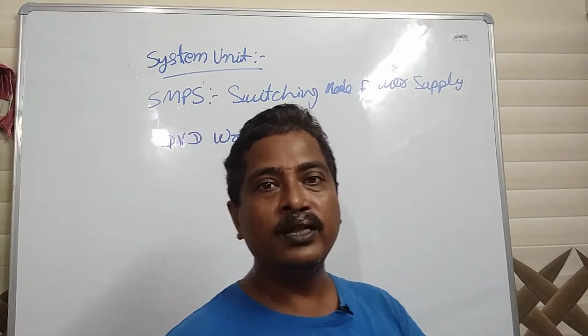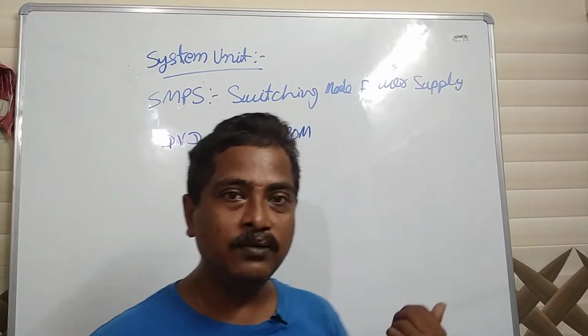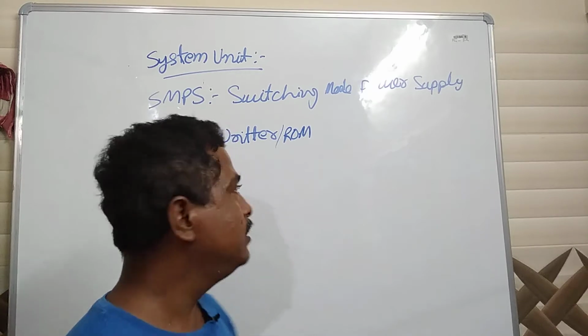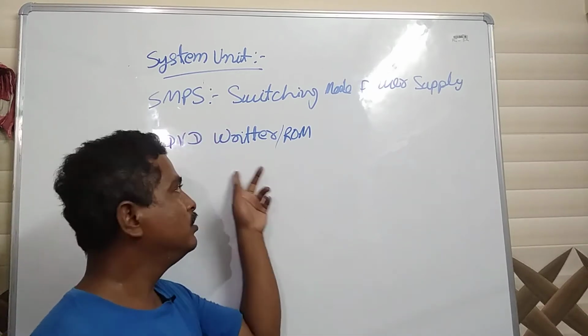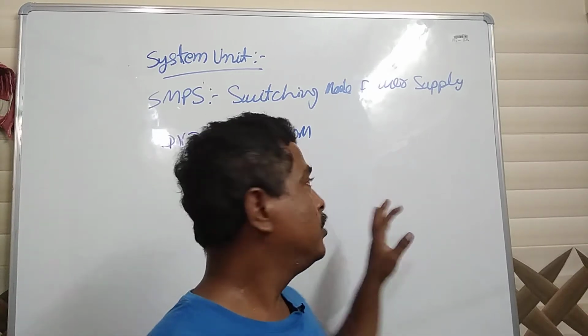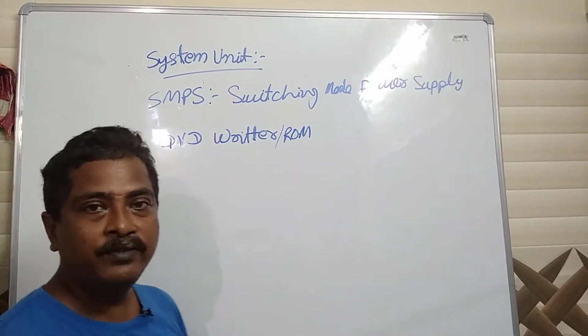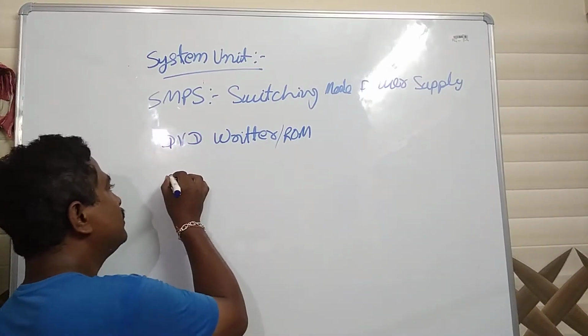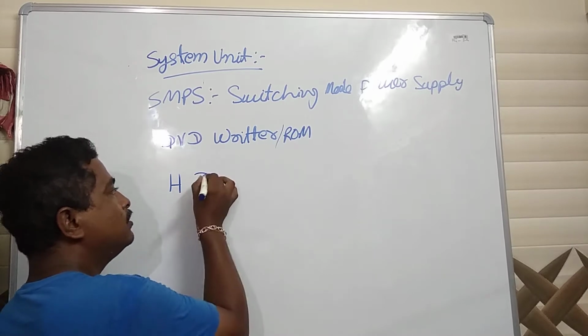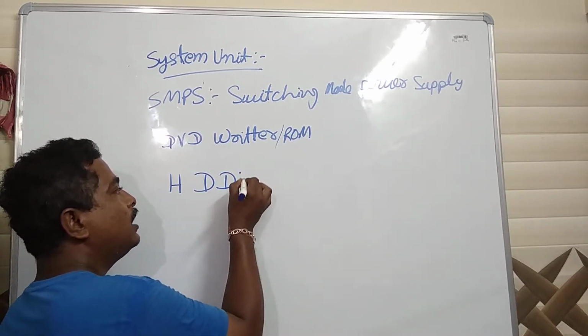If you can read from the DVD and also write on it, then it is a writer. Nowadays only writers are available, nobody purchases ROM. So that is the DVD writer.